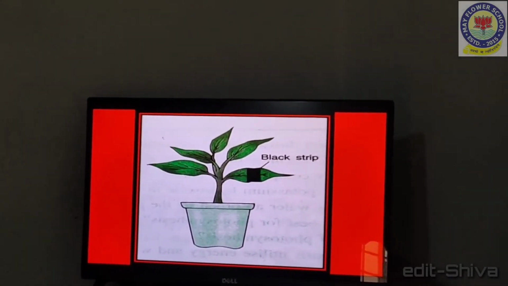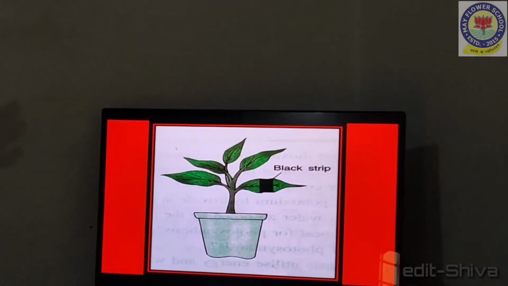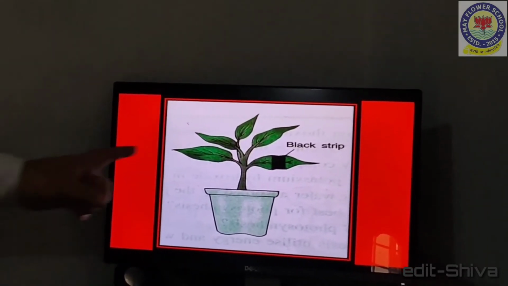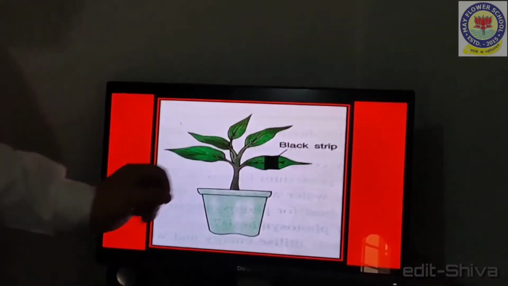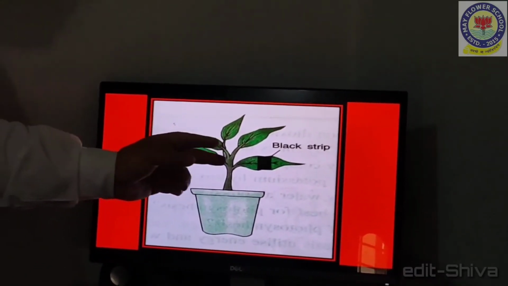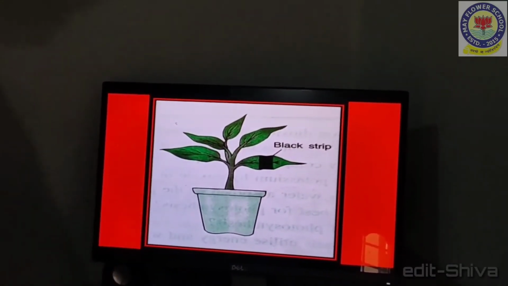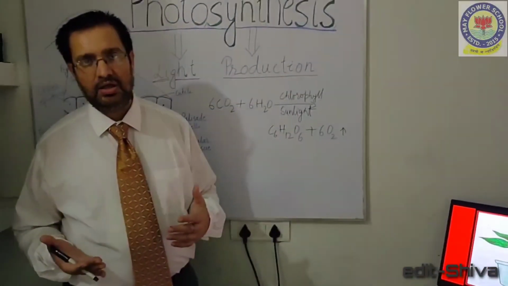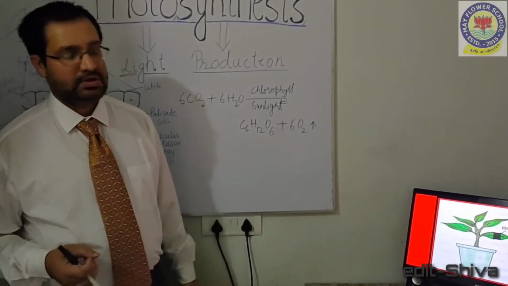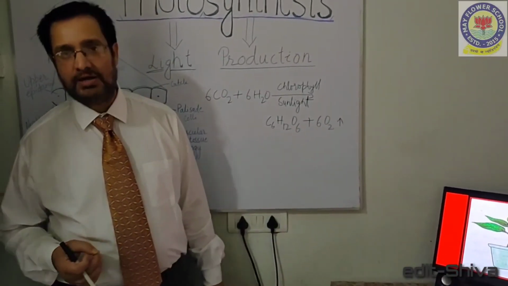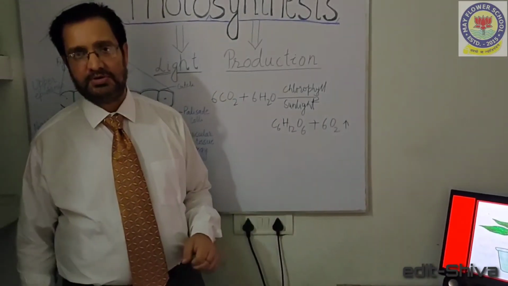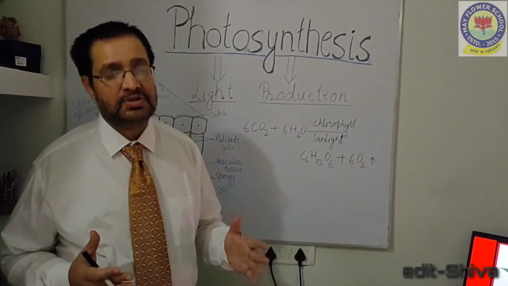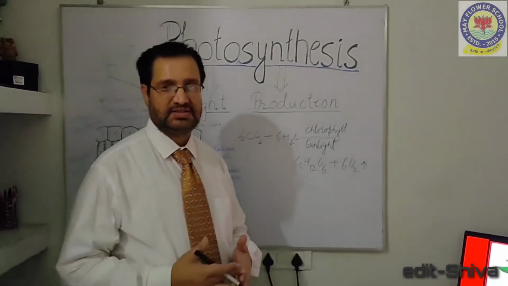After that, we put this potted plant under the sunlight and cover one of the leaves with black paper with the help of clips from both sides. After 6 to 7 hours, we pluck the covered leaf from the plant, and remove the black paper.